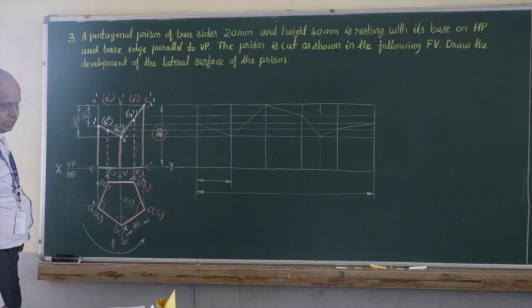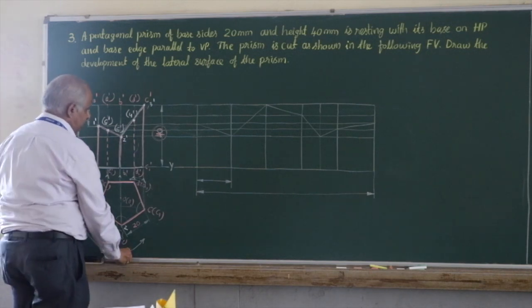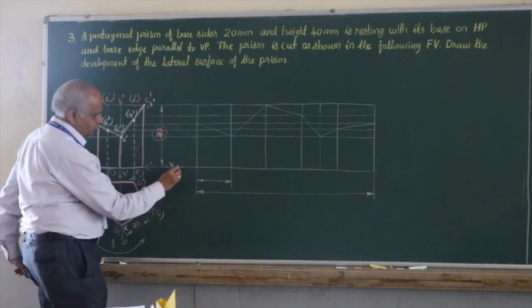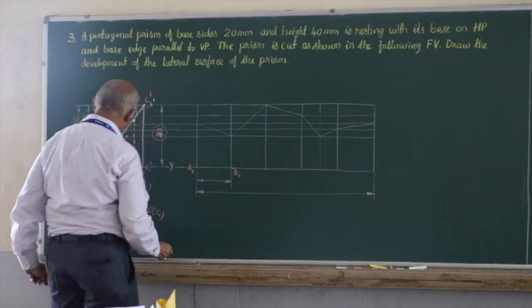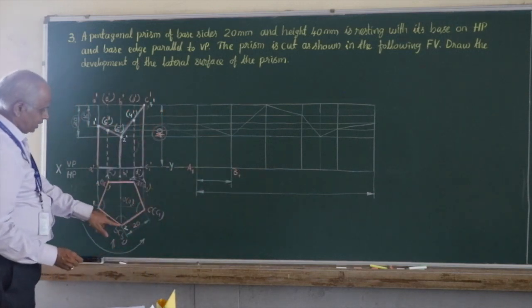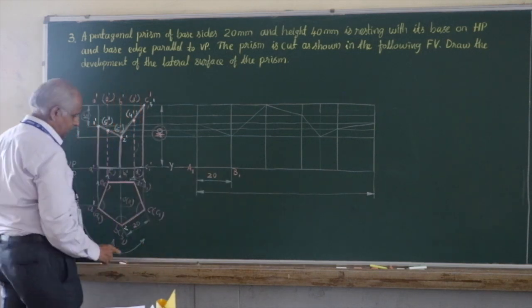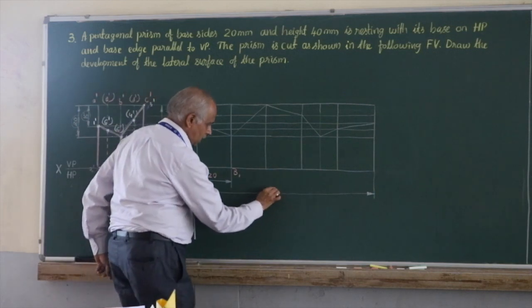Let me start with A1 as a development, this cutting edge. So I have cut this prism in top view along vertical edge A1. Therefore, mark this as A1. The next is B1, and the length of this is nothing but the side of the pentagon, which is 20 mm, and the length of the development is 5 times 20. Therefore, this is 100 mm.